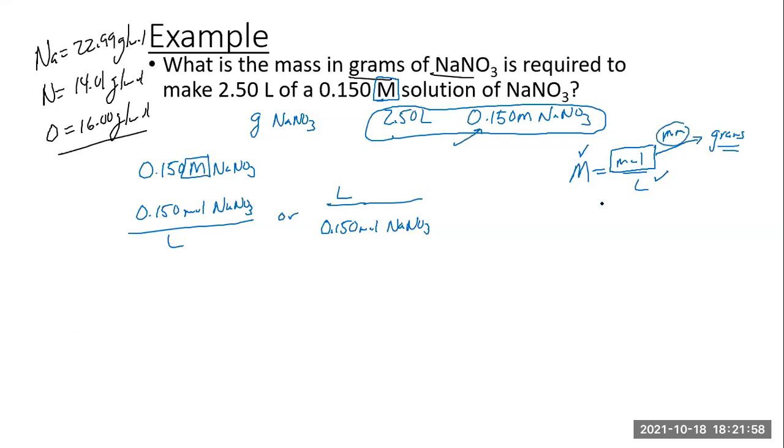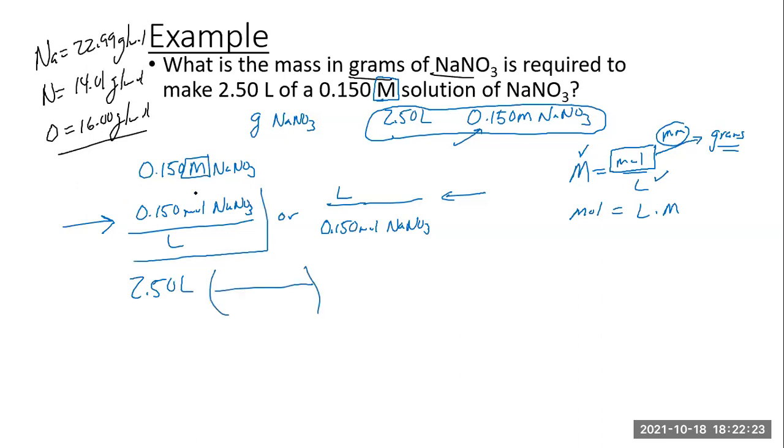So we want to rearrange this. We want to solve for moles, which would be liters times molarity. And by separating out that molarity value into conversion factors, you could just do it like a conversion problem. We take our 2.5 liters, and we want to get rid of liters, so I use my conversion factor with liters on the bottom and 0.15 moles up on top.